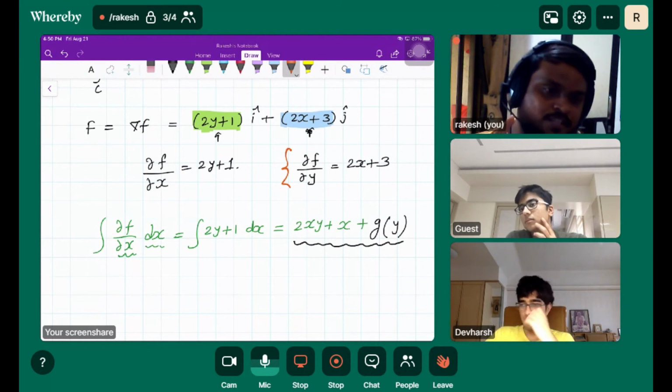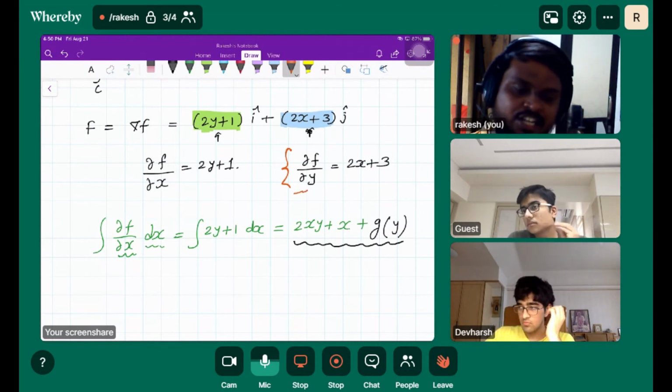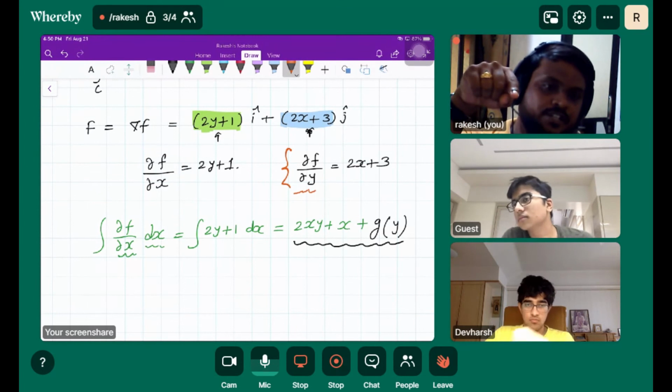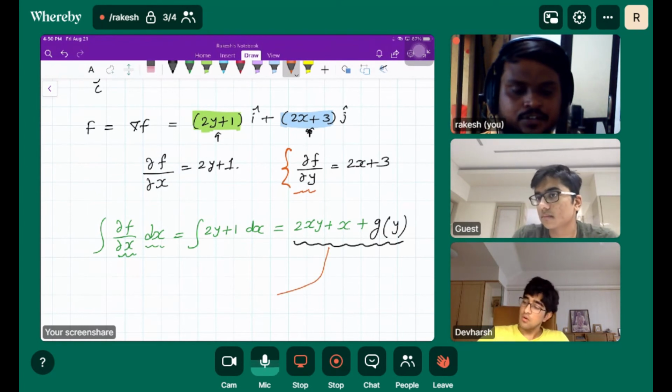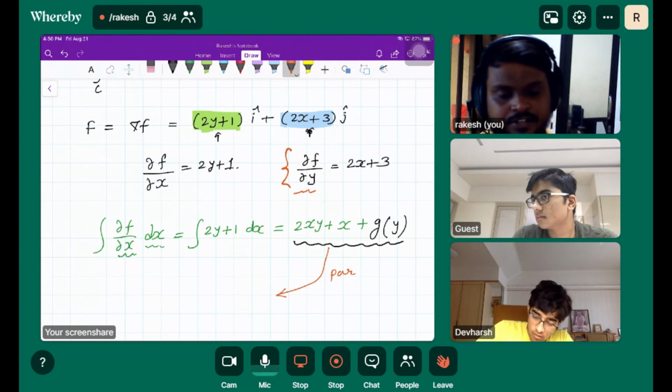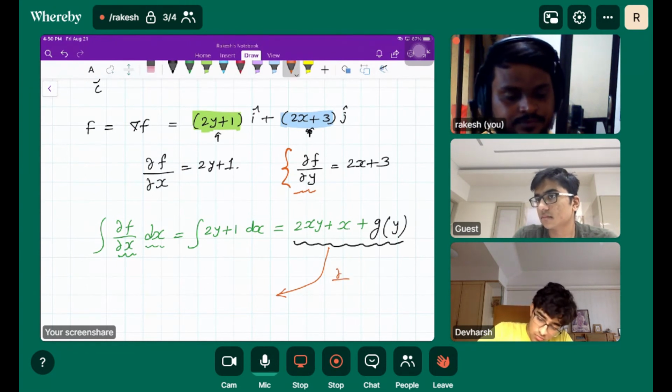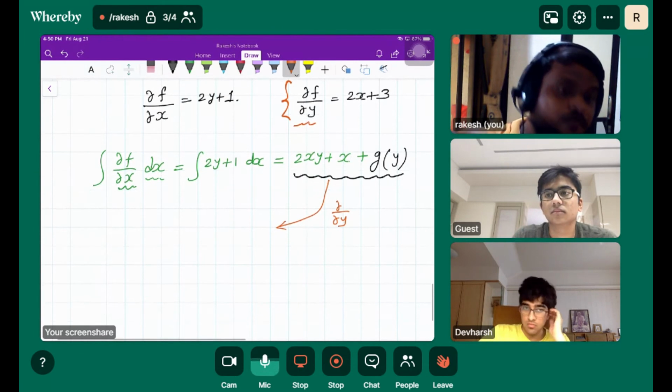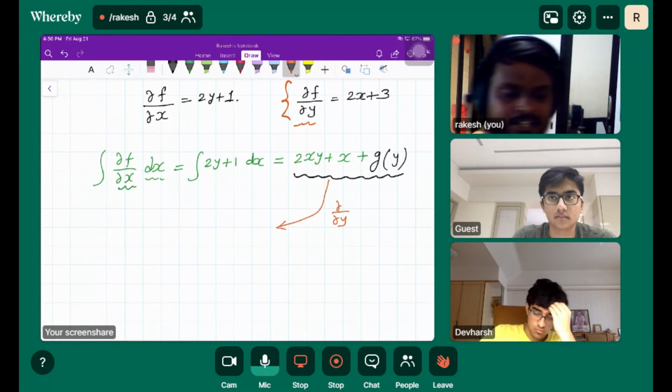But we have one thing for sure, that is the partial derivative of that function with respect to y. So if we find the partial derivative here with respect to y, we'll be able to find g of y.